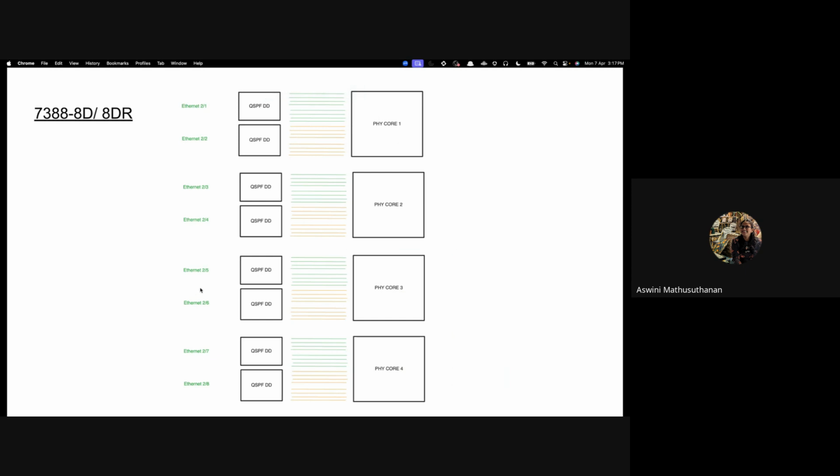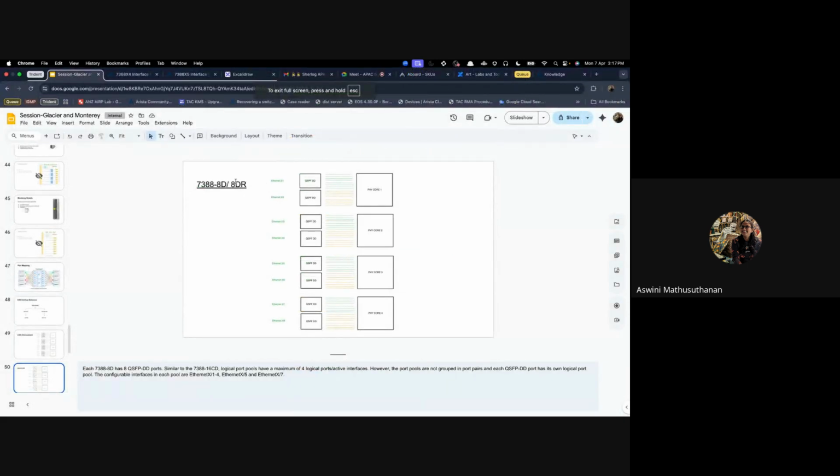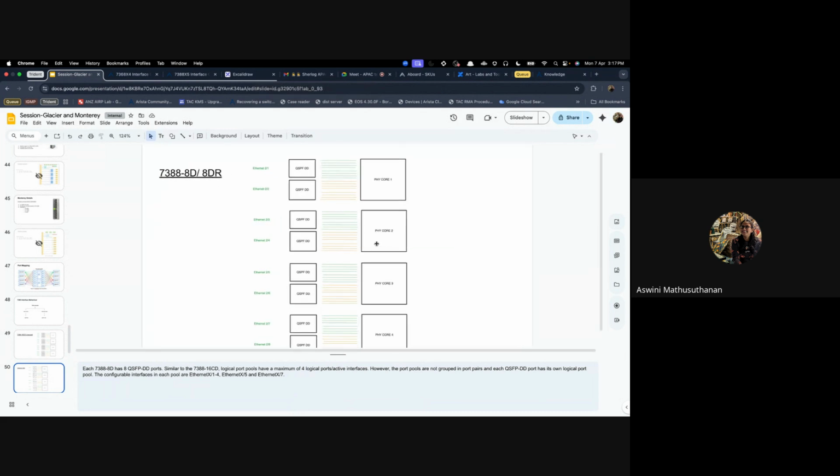Yeah, it's still the same on the 8B side as well. Maybe I can zoom in so that you can see. They are mapped straight to the 5 cores. So there is sharing of resources between these two QSFP-DD pairs.